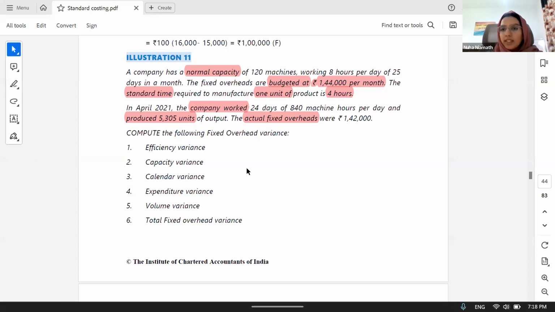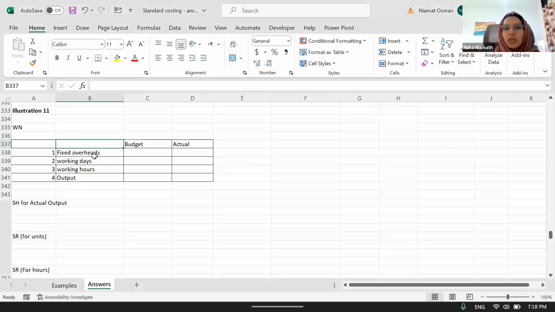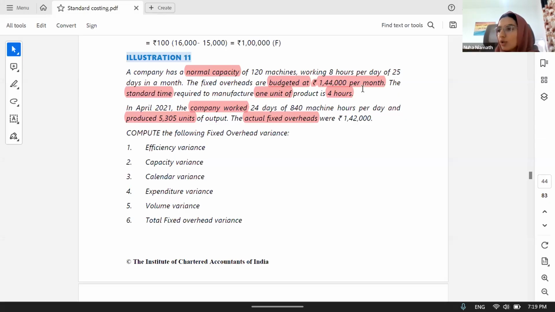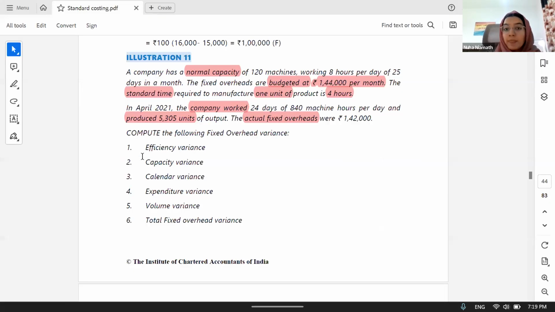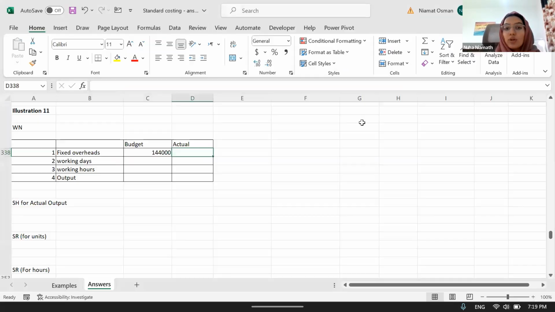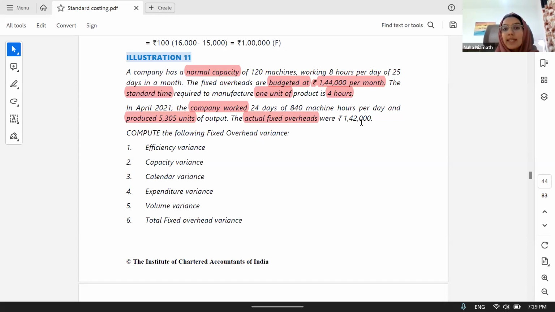So let's look at the solution. The question has given us the budgeted cost, 1,44,000, for the month. Our actual cost is 1,42,000. Now, coming to the working days: 25 days is budgeted.